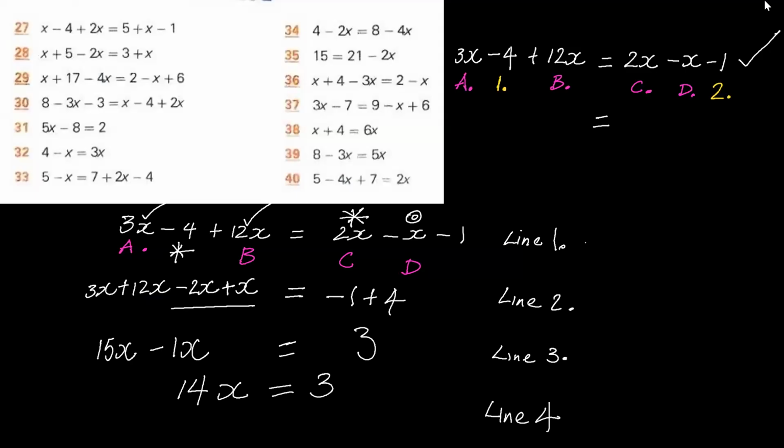You almost had the answer, but you made a small mistake. 14x equals 3. What are we dividing by? You almost got it, Trinity, so try it again. You have to have confidence in yourself, Gabriel. So continue and finish it up, Gabriel. Continue, finish it up, Janicia.